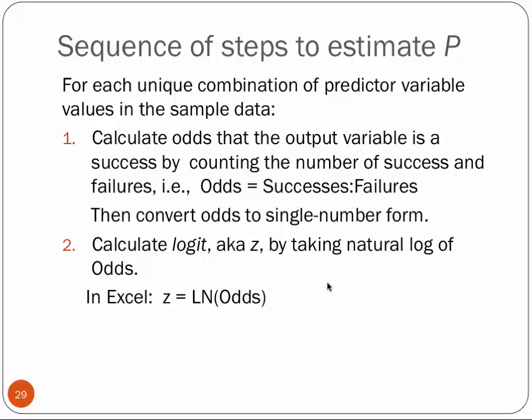So we've done the first step. The next step is to calculate the logit, which is the symbol Z, by taking the natural log of the odds. And the way this is done in Excel is if we put the odds number in the function that is ln for natural log, then it will calculate the logit. It will take the natural log.